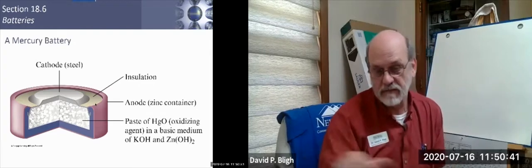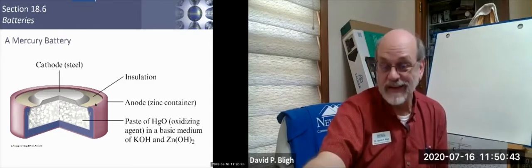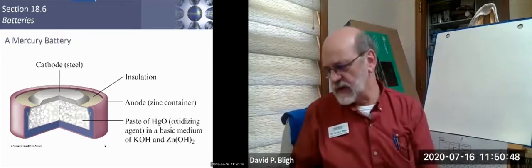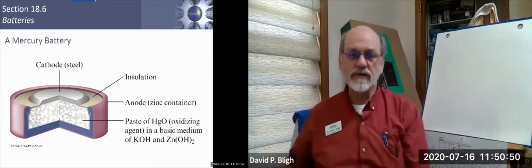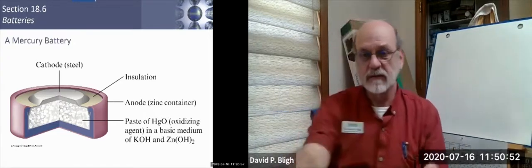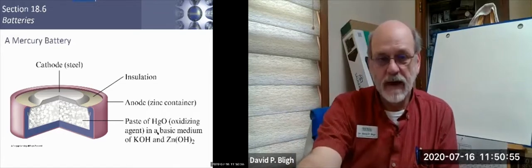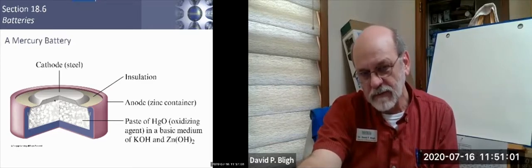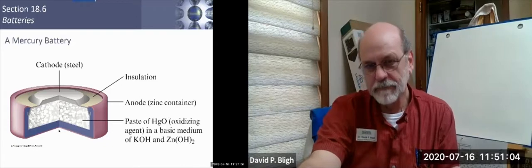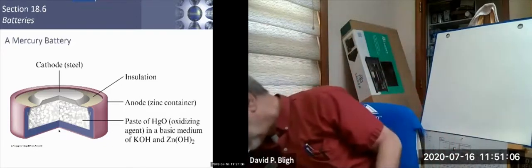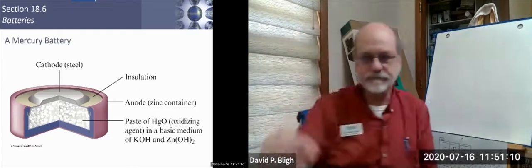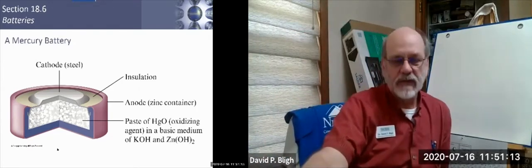And then you can't extract any energy from it. The mercury battery is not used much anymore, simply because it requires mercury, right? There's mercury oxide. You know, that's probably not carbon. I bet that is a little bit of mercury metal right there.